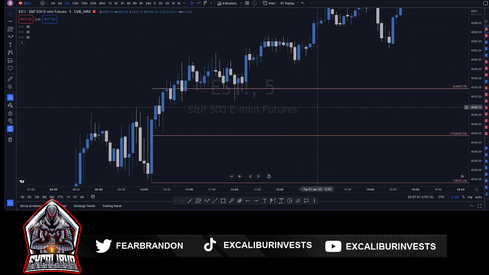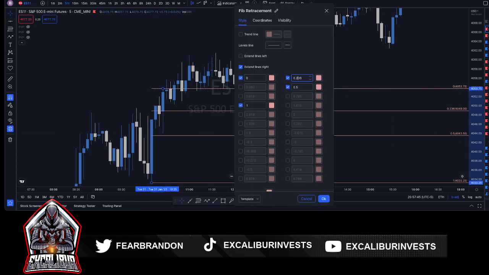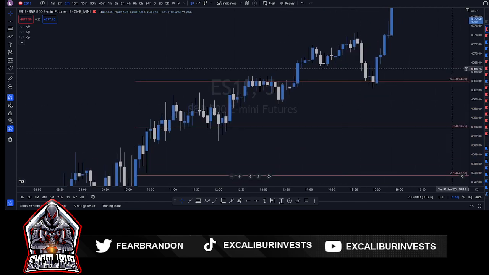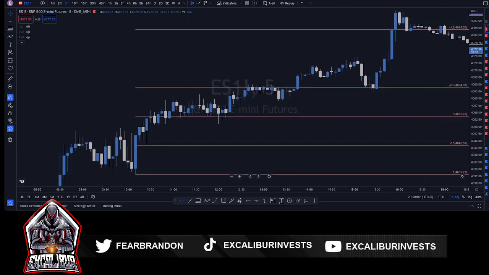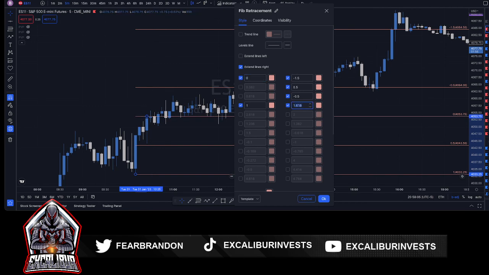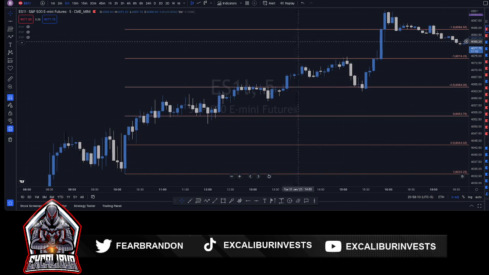So there really shouldn't be any reason to exit this play. You could even pop up the minus 1.5, minus 0.5, and minus 1, just typical levels.